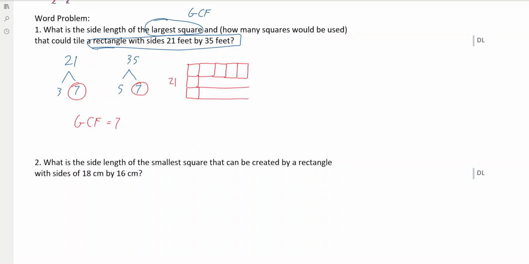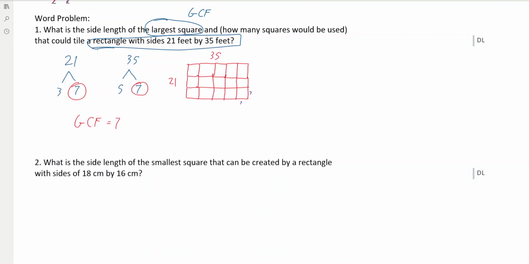So this rectangle that I've just created is tiled on this side 35, on this side 21, and how many squares are used? Well, every square is 7 by 7, right? And how many squares are used in total?